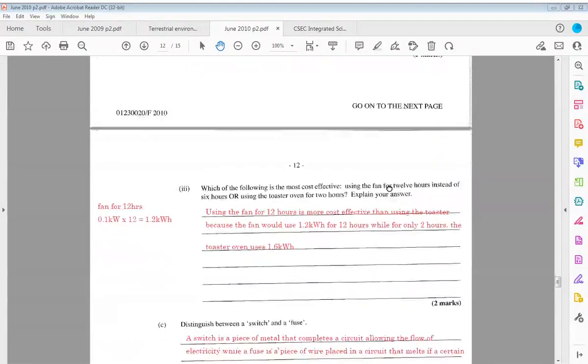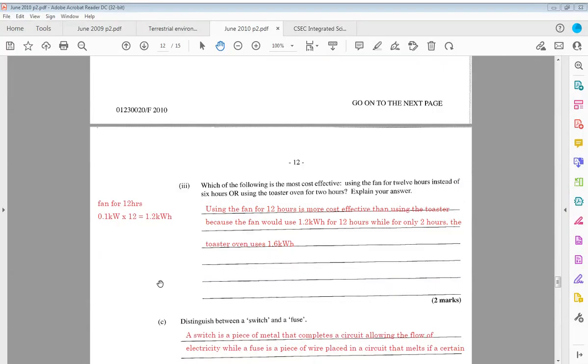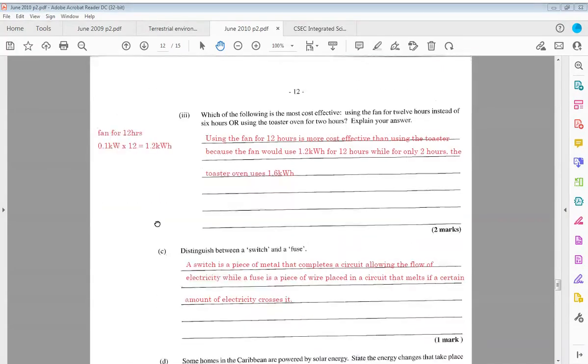So using the fan for 12 hours is actually more cost effective than using the toaster oven for 2 hours. Because even though the fan is being used for 12 hours, it's only using 1.2 kilowatt hours in terms of the energy, right?